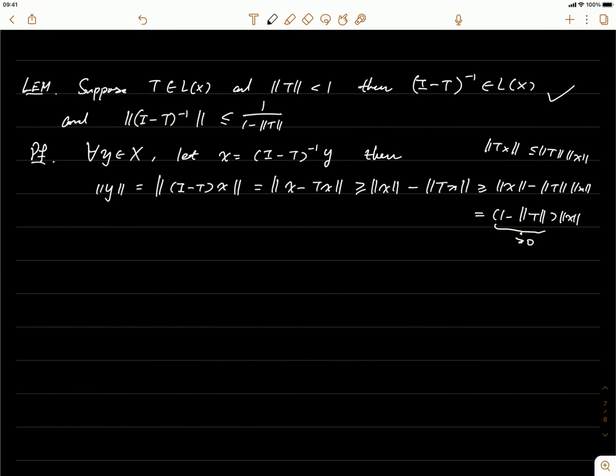And from here, we apply I minus T inverse to any y.